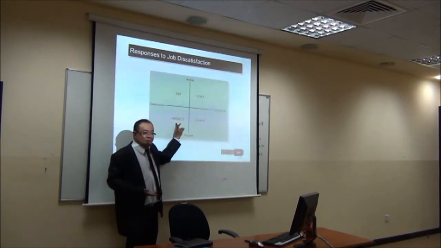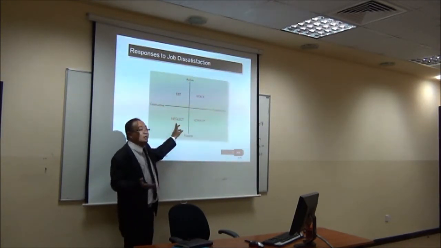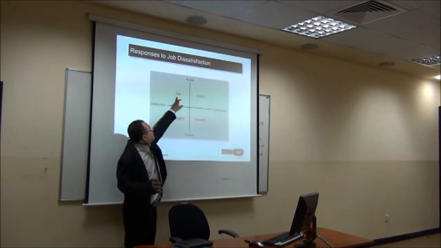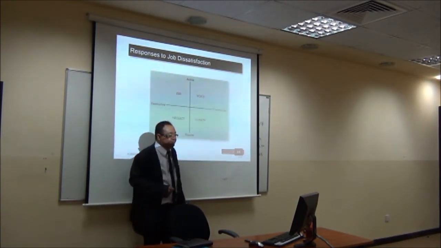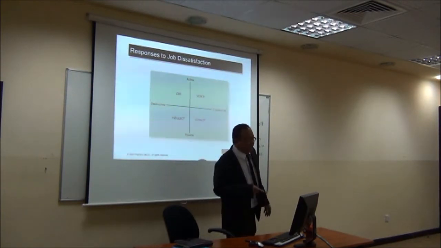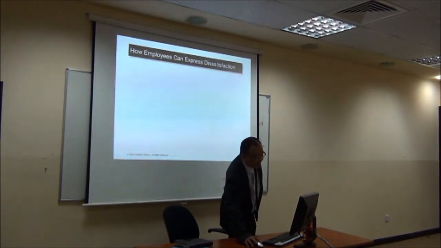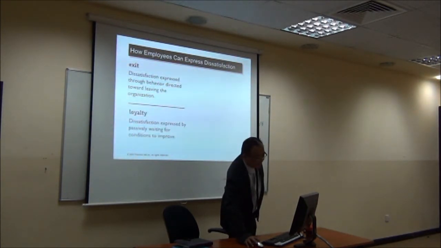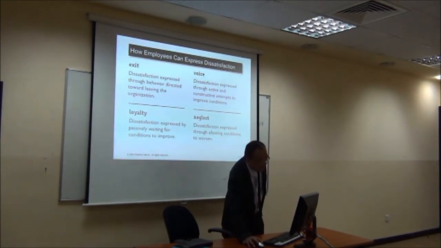They start neglecting their work, and they probably look for other jobs elsewhere. And when they finally do, they exit the organization. So there's destructive and active. So these are the stages that people go through in job dissatisfaction. So that just explains what I've just explained.